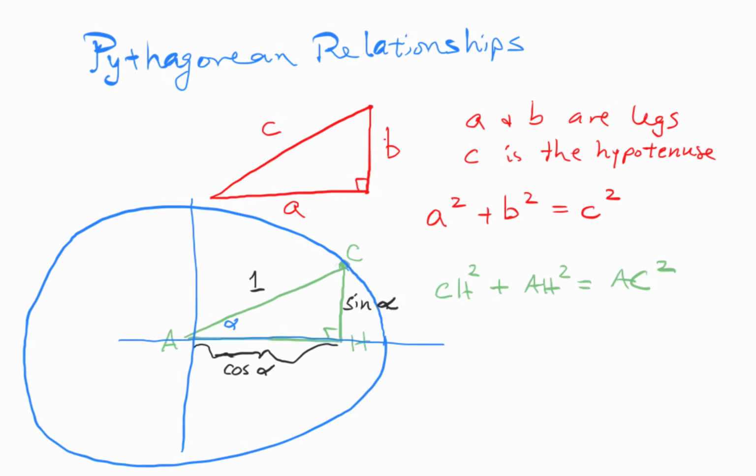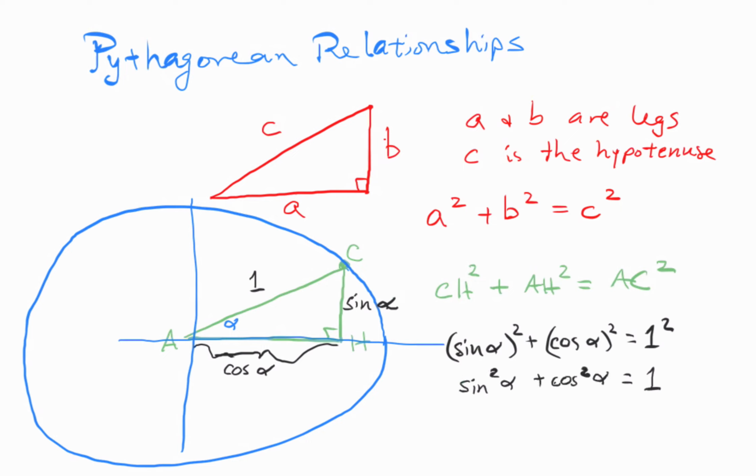So in this right triangle, instead of CH squared, I could write the sine of alpha squared plus the cosine of alpha squared equals 1 squared. So there's a Pythagorean relationship. Another way to write this, instead of 1 squared, is 1, and one way that people write this is sine squared of alpha plus cosine squared of alpha.